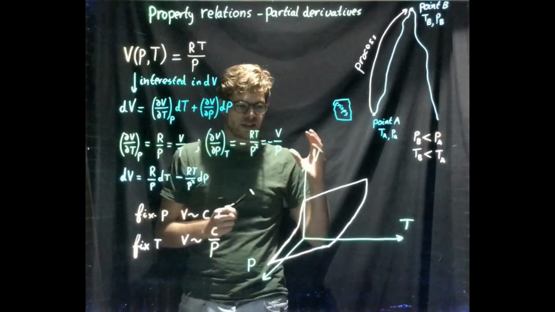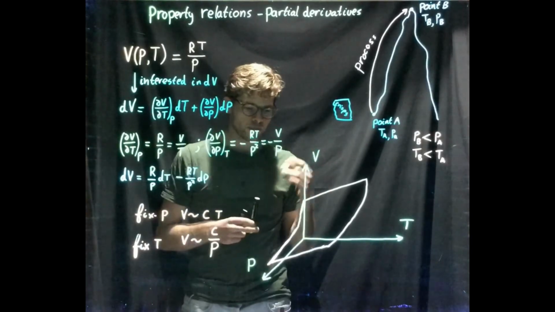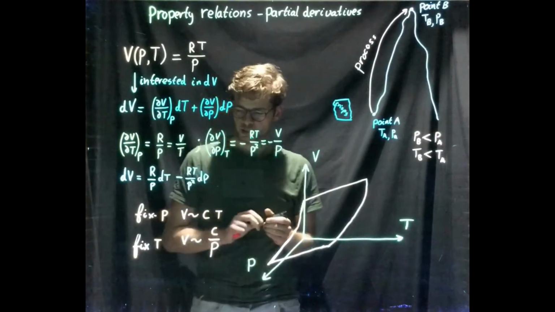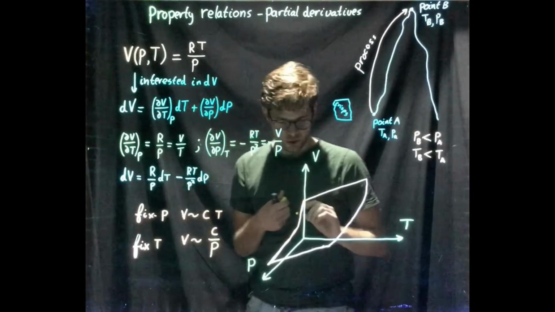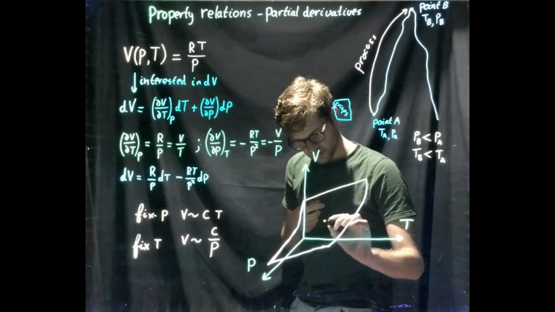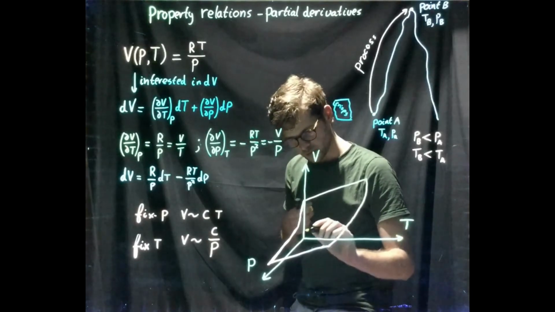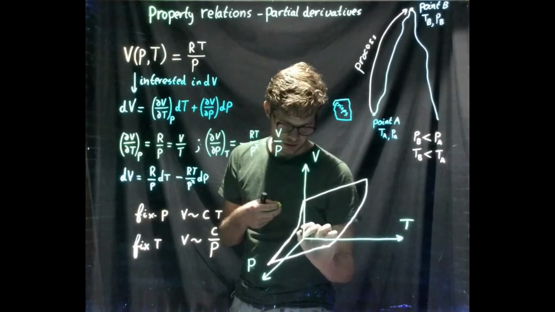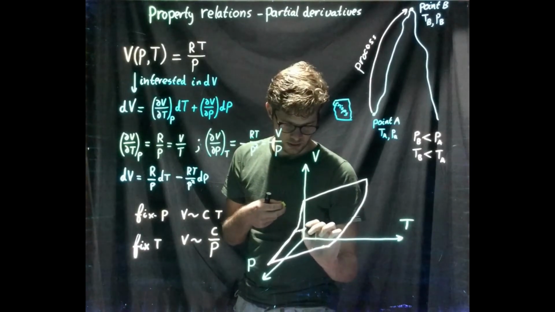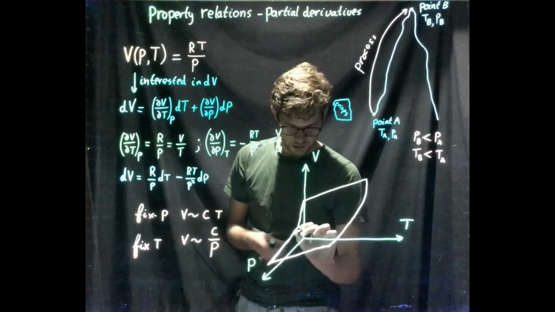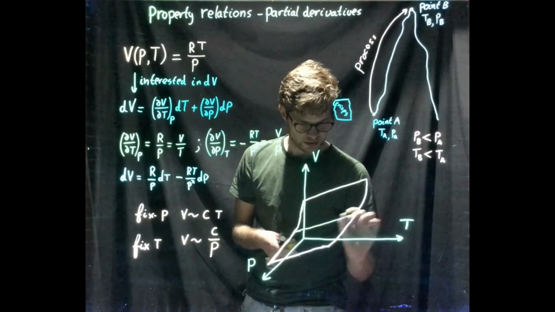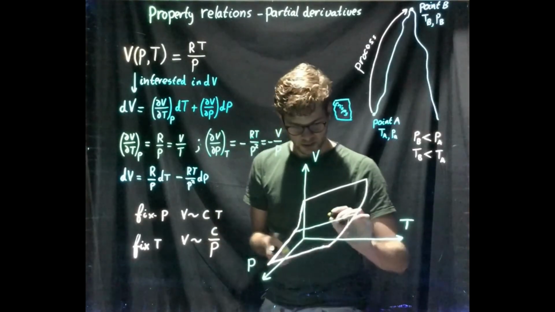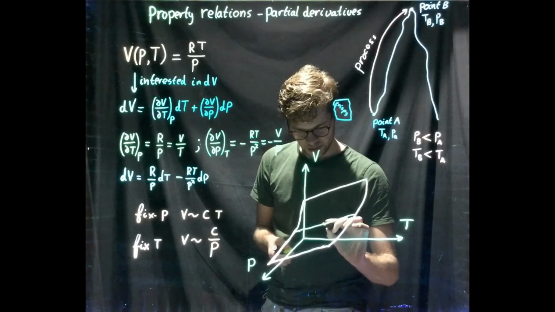Now I'm interested in the behavior at some point in my diagram, at some temperature and some pressure. So at first I'm very interested in what happens for a specific pressure. Let's say that's this pressure. So there will be a line here for this pressure. So for this pressure I have my VT diagram, and at some point I'm interested in the behavior.